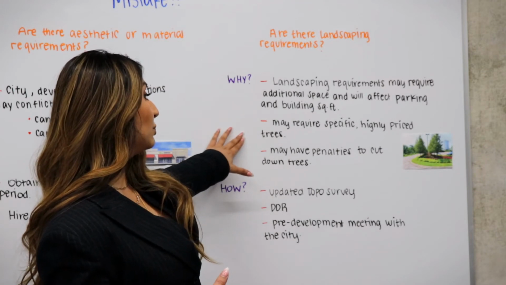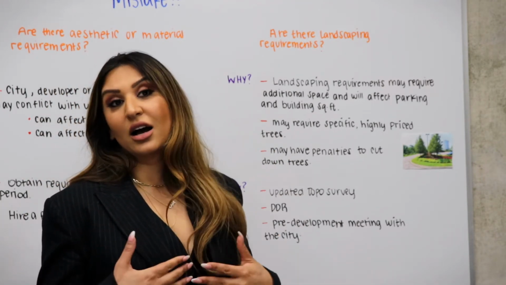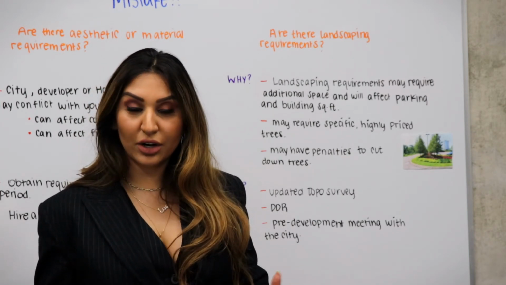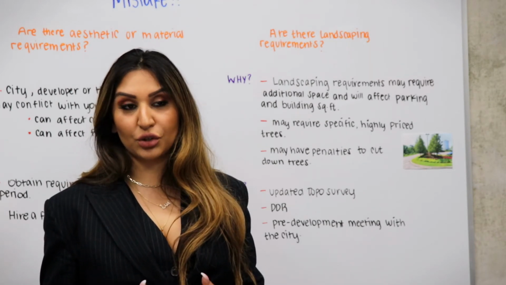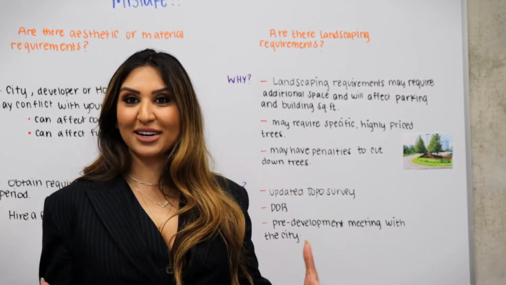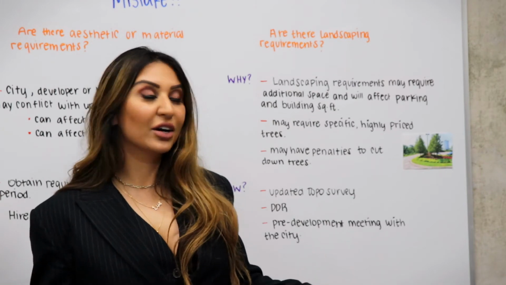And also, some landscaping requirements may be so extensive as far as the pricing is concerned, and it may not be feasible for your project to have that type of landscaping because you're just trying to do a simple, let's say, C-store or a simple retail center.